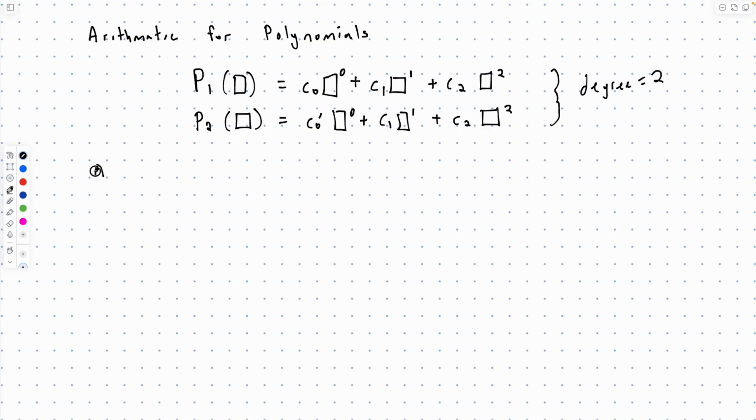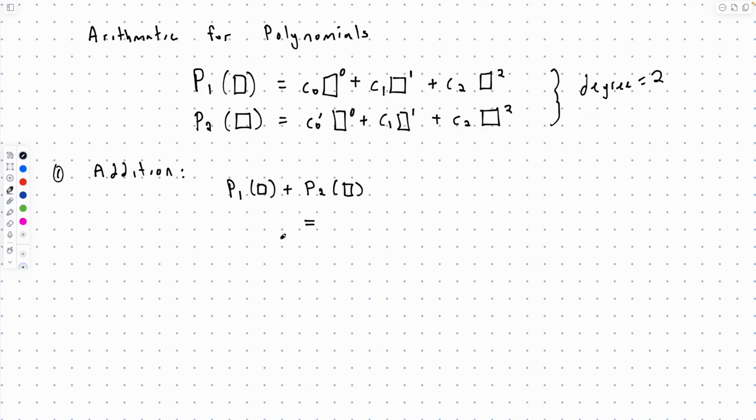Okay, so first we'll talk about addition. If we add these polynomials together, what do we get as a result? Just eyeballing it, you should be able to tell me the answer. So we're going to get a polynomial. What's the degree of the polynomial that we'll get?